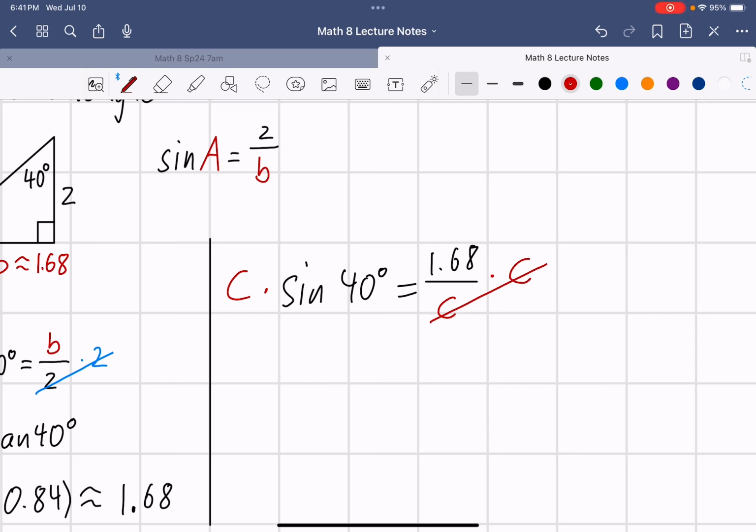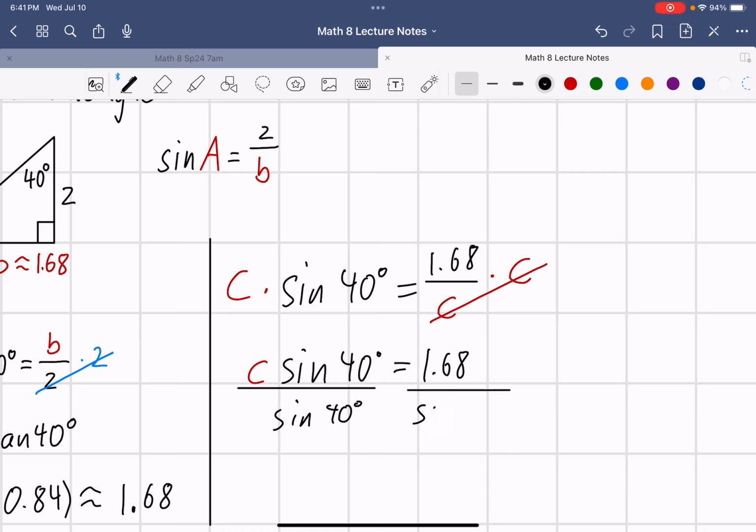Same thing I did with 2 on the previous example. That would leave me with C sine of 40 degrees is equal to 1.68. And then I'm going to divide by sine of 40. I'm just trying to solve for C.